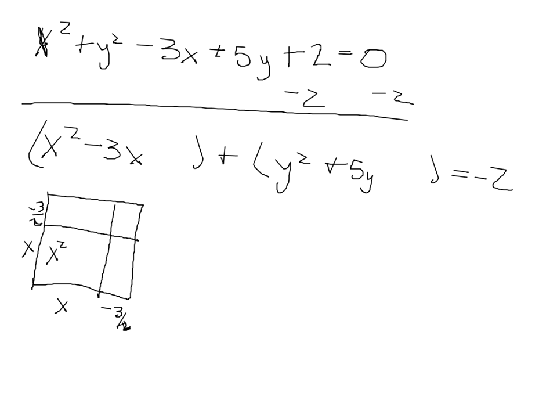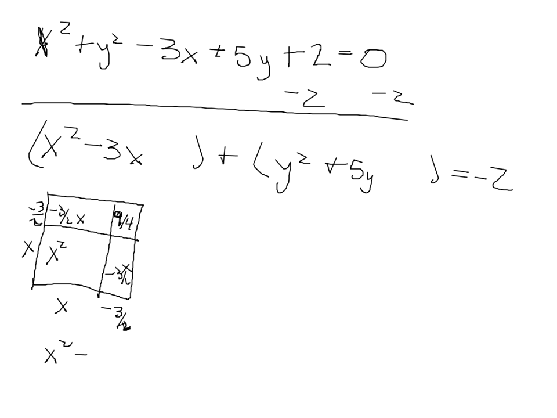So now what I have is x squared, minus 3 over 2 x, minus 3 over 2 x, and here I have minus 3 over 2 squared. So that gives me plus 9 over 4.